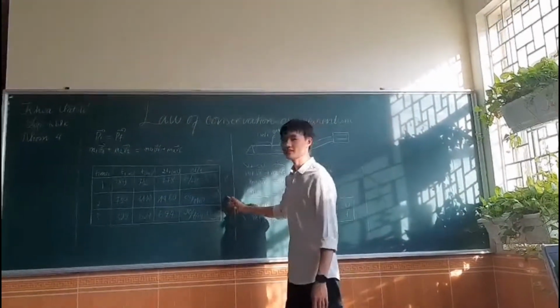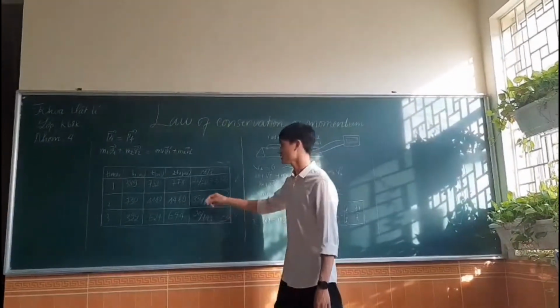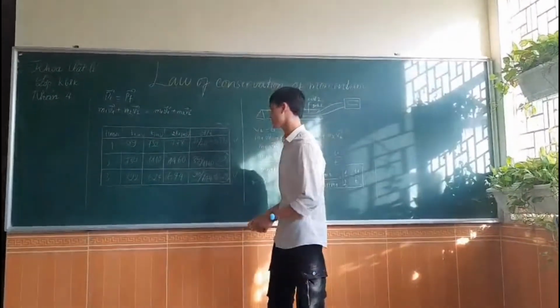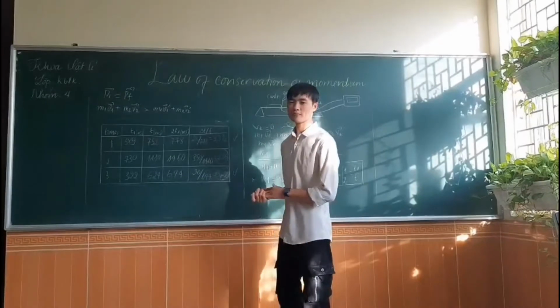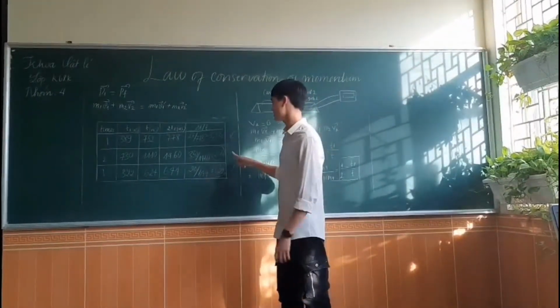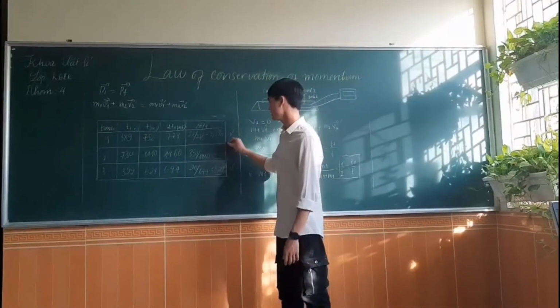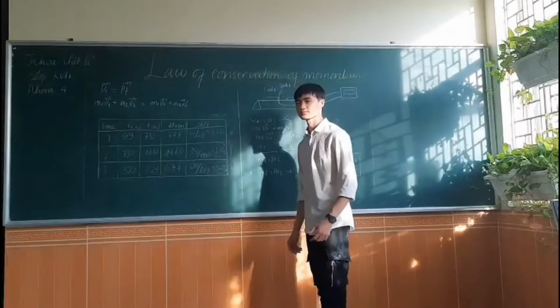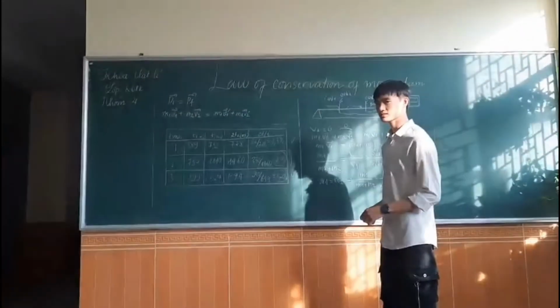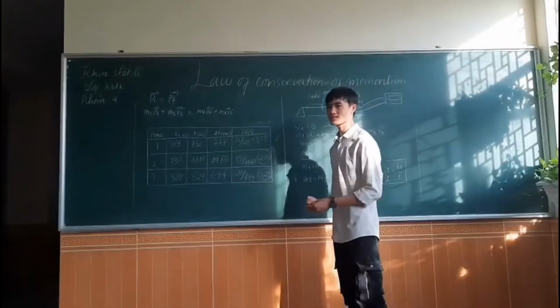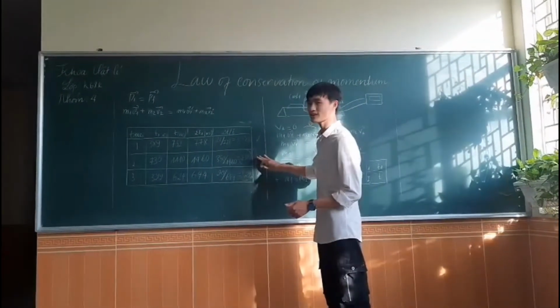In the second time, you see the momentum before and after the collision are not equal. Can you explain why in this situation? I think we slide the car. Why is sliding not correct?